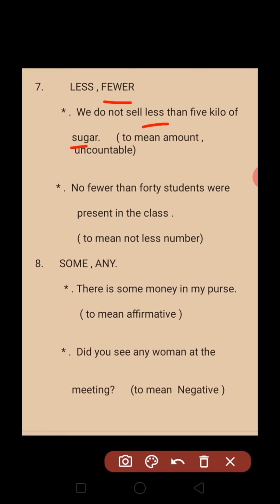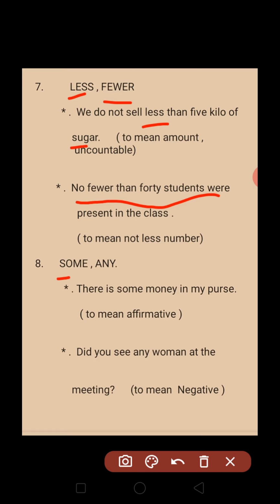Here it is sugar. Sugar cannot be counted. That's why for amount, less is used. No fewer than 40 students are present in the class. Here it means not less than 40 students, and it is countable also.